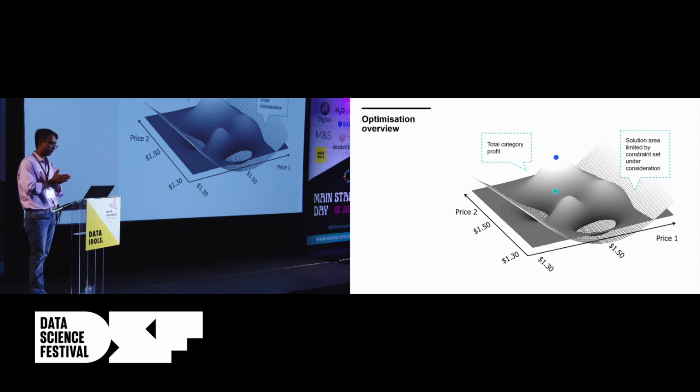And this is okay because there is not much interaction between products across different categories. So we can optimize each category individually and we'll still find an optimum solution. For our discussion, we'll talk about profit as one of the financial objectives. Now, how do we calculate profit?